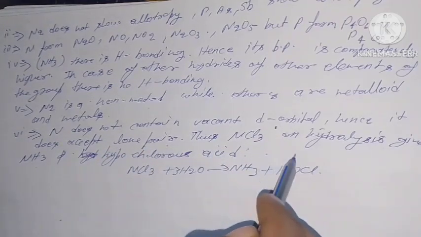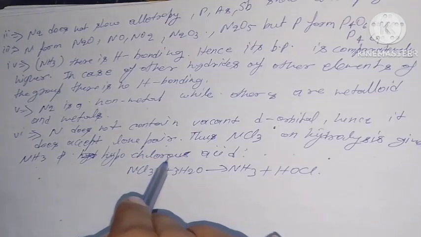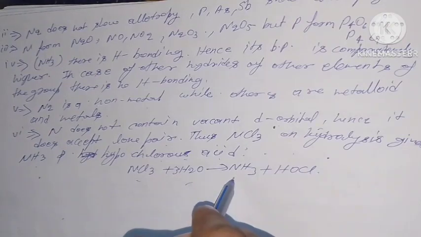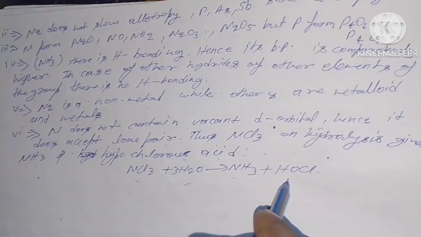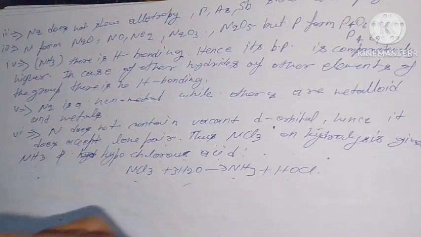Thus NCl3 on hydrolysis gives ammonia and hypochlorous acid: NCl3 plus 3H2O gives NH3 plus HOCl. Reverse is the case with other halides of this group.